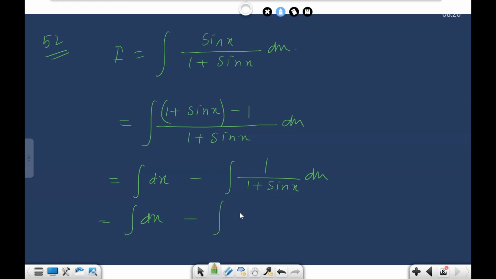How to solve this problem? Just take 1 minus sine x as the product in the numerator and denominator. So it is 1 plus sine x, which is already there, into the new factor 1 minus sine x here.